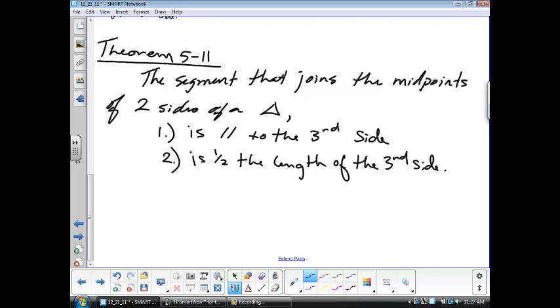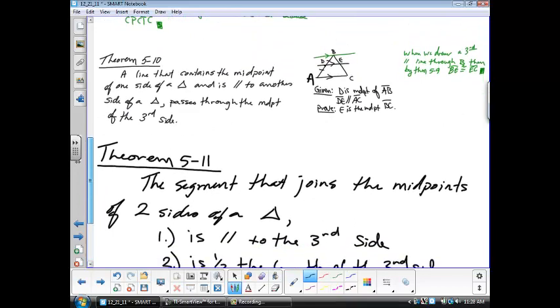Now, the proof of this first one, especially number one, the way you show that it's parallel to the third side is you show that by Theorem 5.10, there is a line that goes through the midpoint of one side and is parallel to a second side that will pass through the midpoint of the third side.